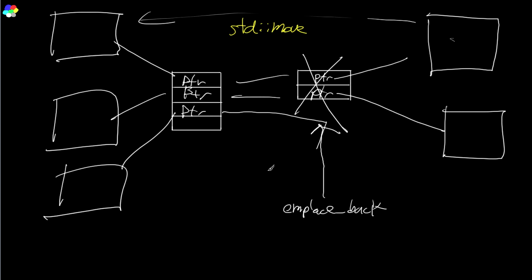Now, there's another way that the containers are wired up to use move semantics. For example, when a container has to reallocate and grow its memory, and it is copying over from the old block to the new block, what it actually does is call std::move and convert those to R-value references. So it's going to try to do a move. Whether or not it can actually do a move depends on the type that the vector is containing.